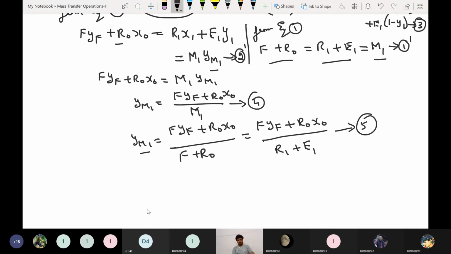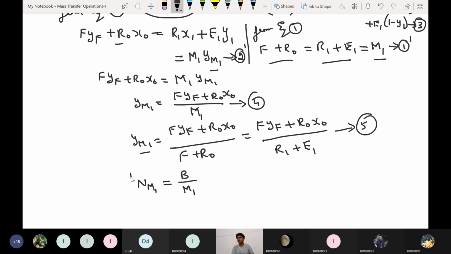Then for the solute, for the inert solids, we have to define one equation. That is Nm1. After crossing the first midpoint, or first stage, the amount of B which is left is denoted by Nm1 is equal to B by M1. This is by definition, we have to define it that way.